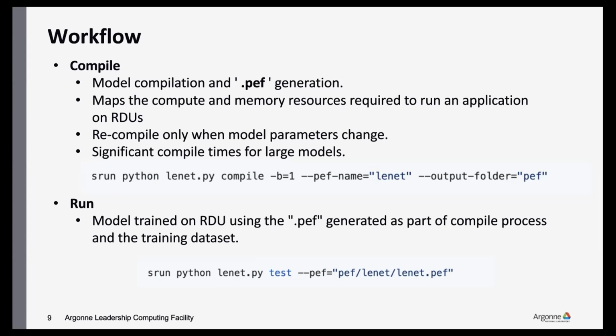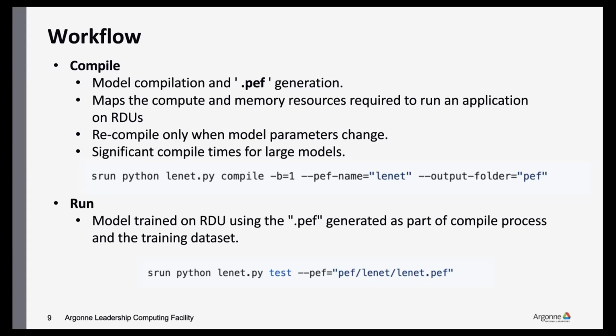As part of the compile process, we compile the model, and at the end of the compilation, a .pef file is generated. This is basically the essential artifact of the compilation process. It maps the compute and the memory resources that are required to run your applications on the system.